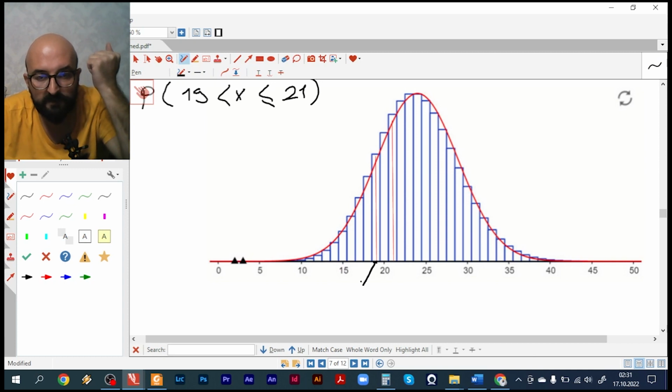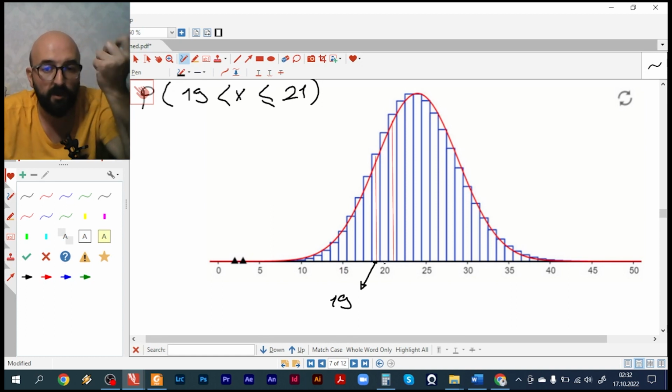So this point, the middle of the rectangle, is 19, but here we have no equal, so we don't want to include 19.